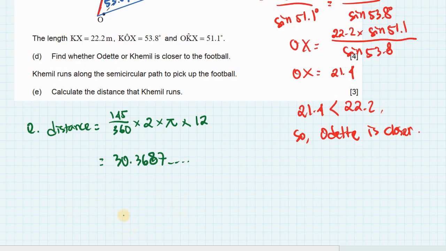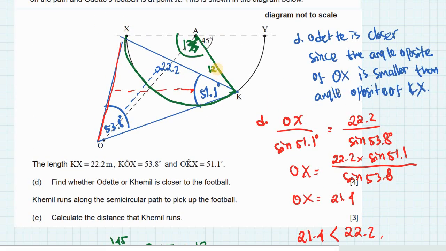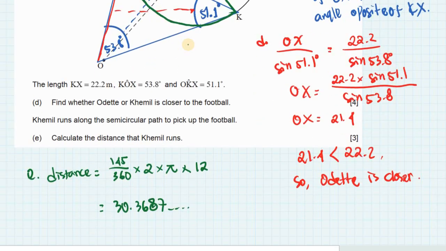Wait, 2 times pi times 12. Oh, we made a mistake. This is not 145. My bad. This is 135. I'll erase that. This one is 135. See, mistakes happen if you are not careful.